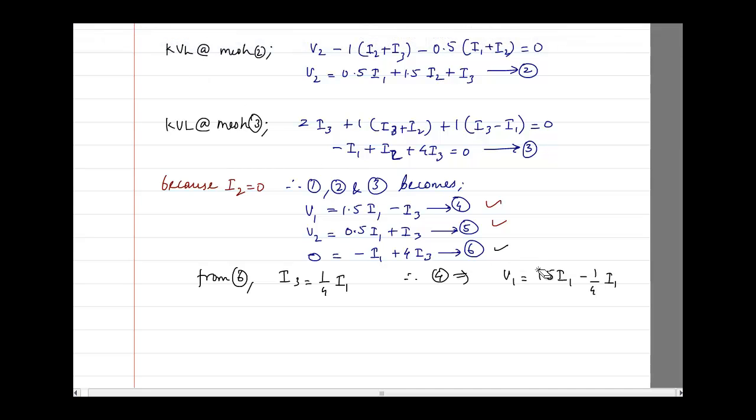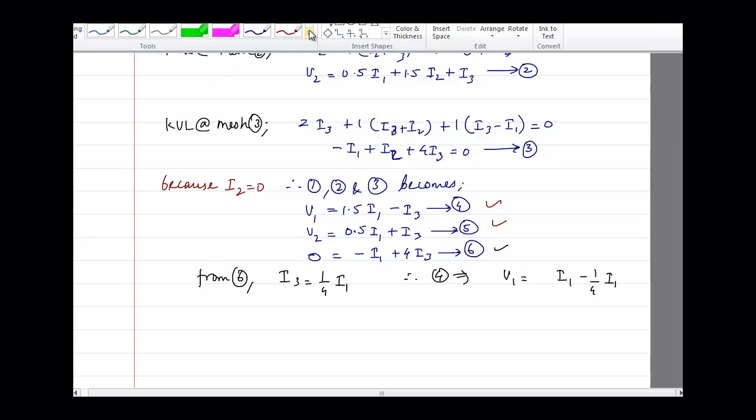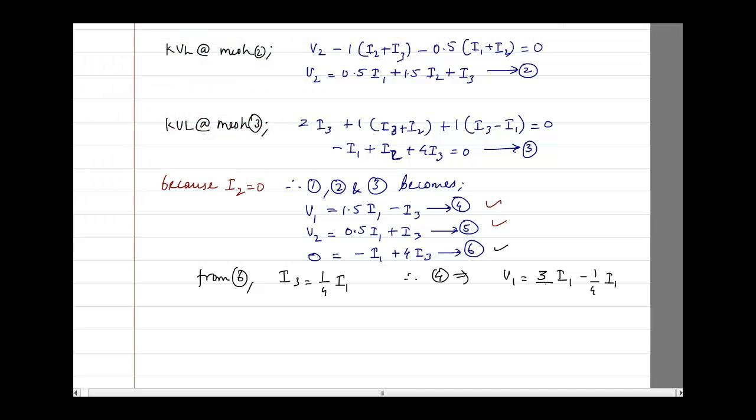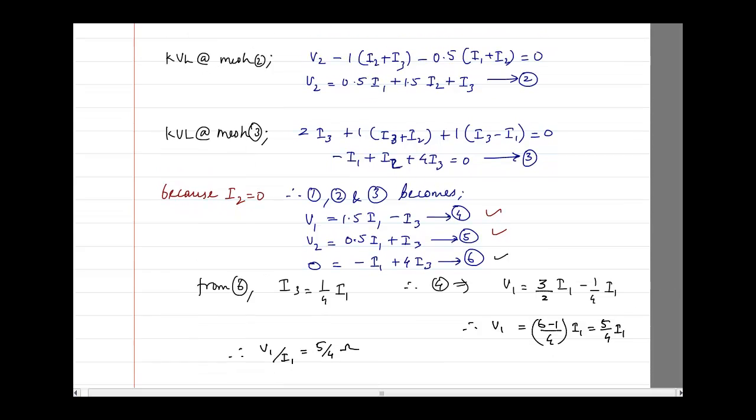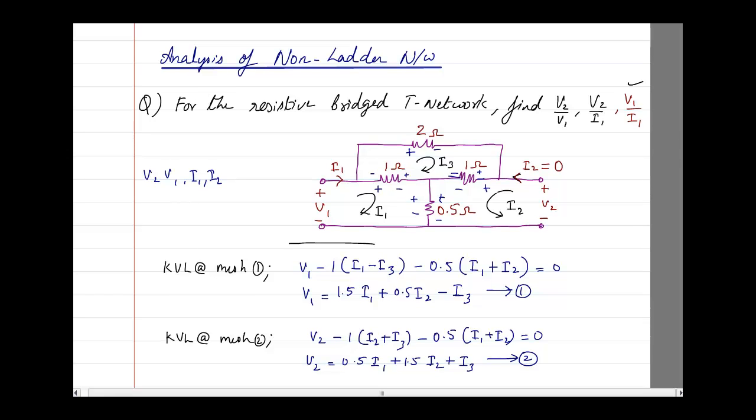So V1 is going to be 6 minus 1 divided by 4 I1, which becomes 5 by 4 I1. Therefore, V1 by I1 is equal to 5 by 4. Since it is voltage by current, I will write 5 by 4 ohms. So V1 by I1 I have found out.